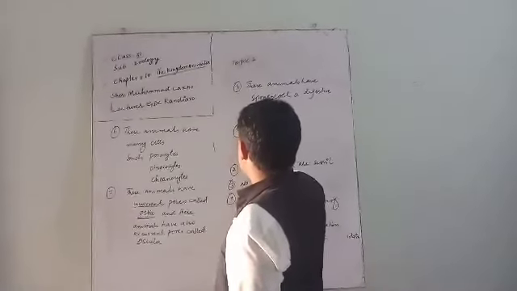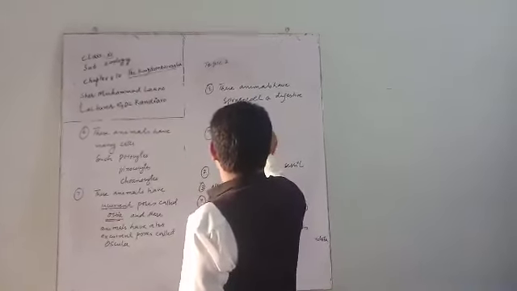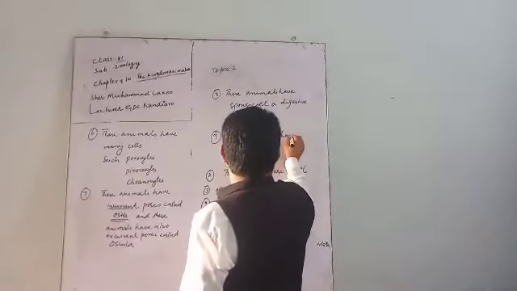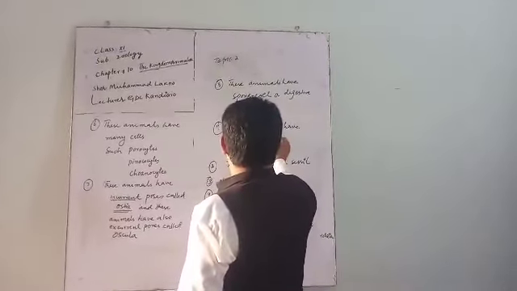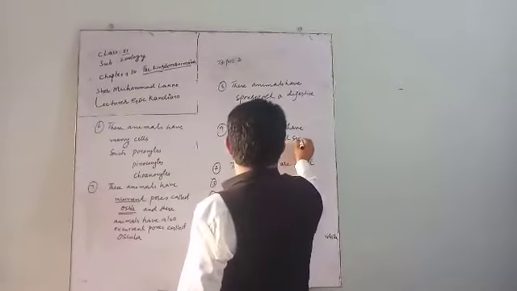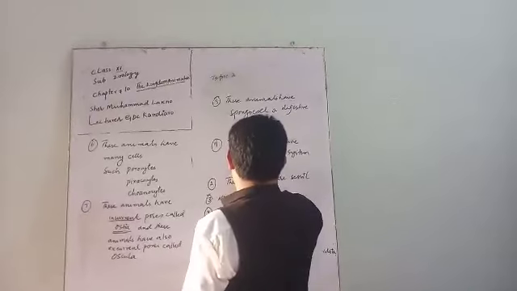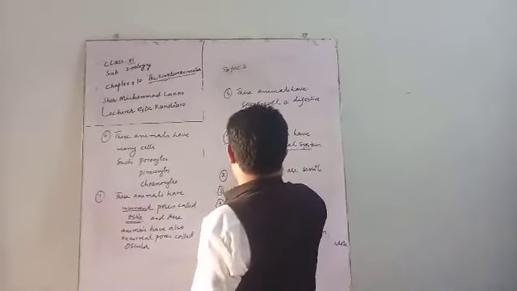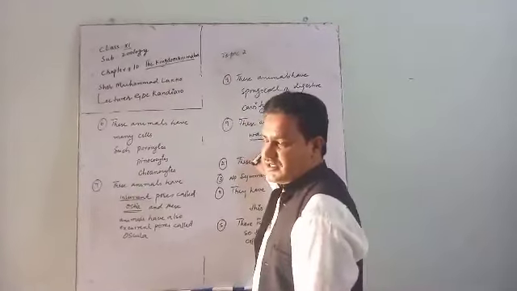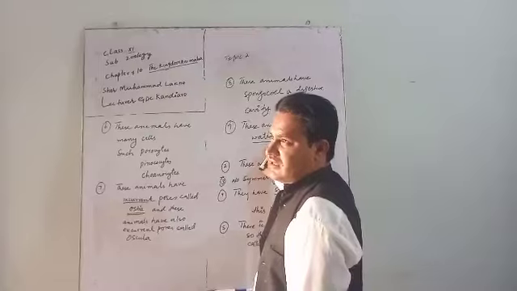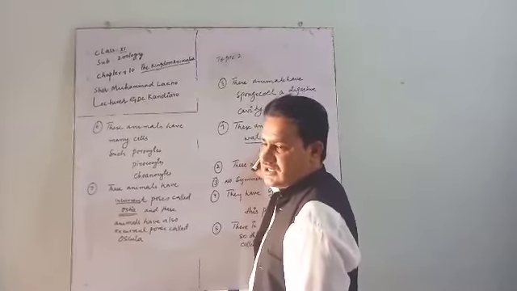Number 9. These animals have a water canal system. This is a special type of system. With the help of this system, animals feed, gain water, and gain oxygen.